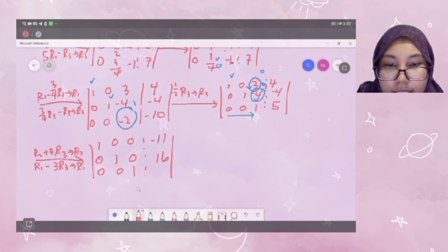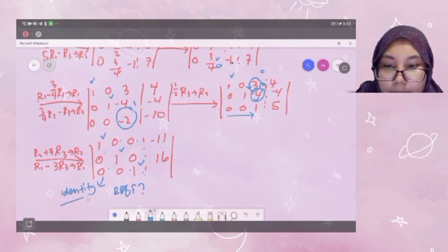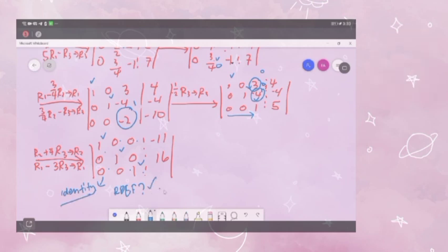So here, let's check, is it already RREF? Okay, so we have leading one here, leading one here, leading one here, and all above and below is 0. So this is identity. Already identity. So we are already in RREF.